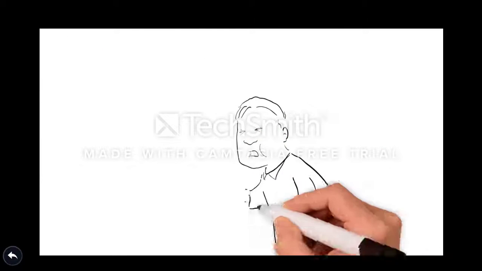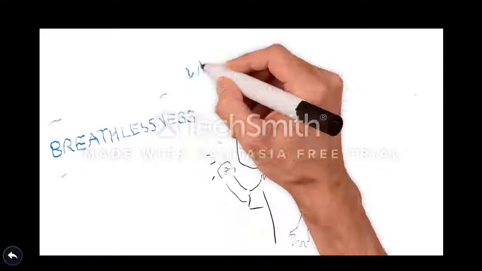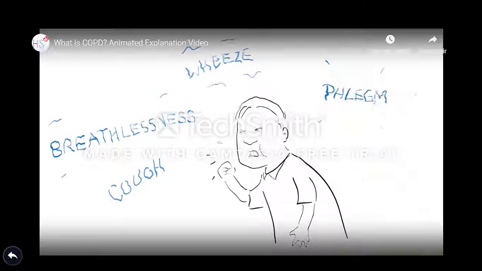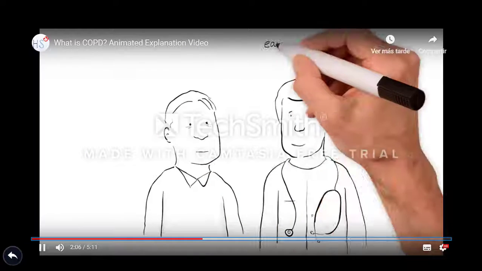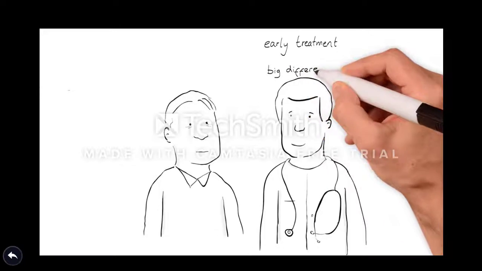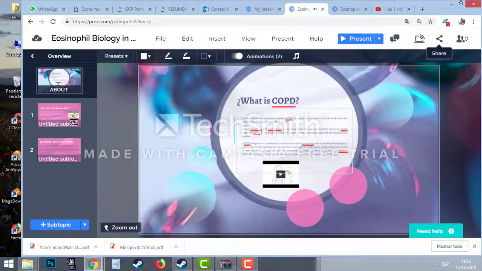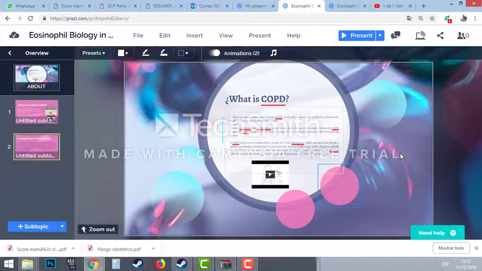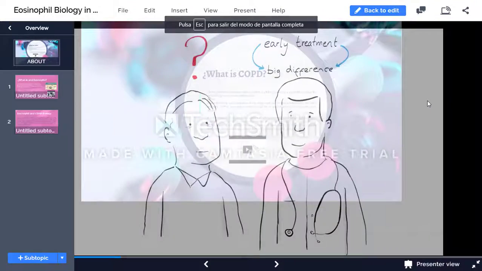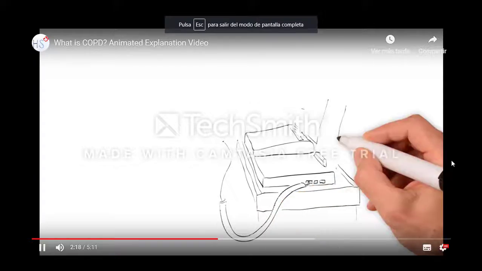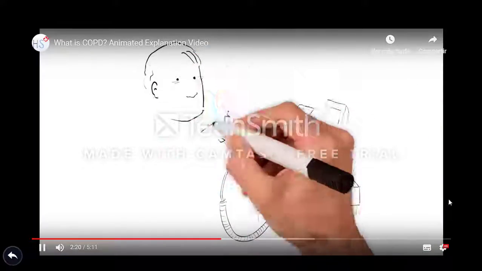These lung changes cause the key symptoms of COPD: breathlessness, wheeze, cough, and phlegm. You should see your doctor if you have these symptoms, as early treatment of COPD can make a big difference. Doctors can arrange breathing tests to see how hard and how fast you can blow out air from your lungs.